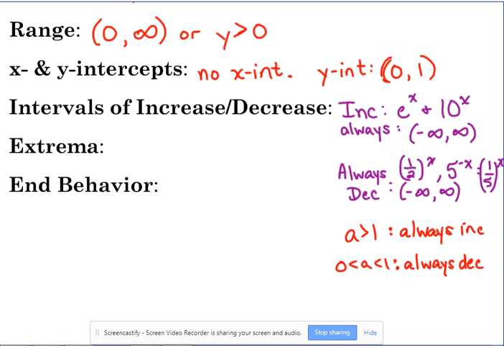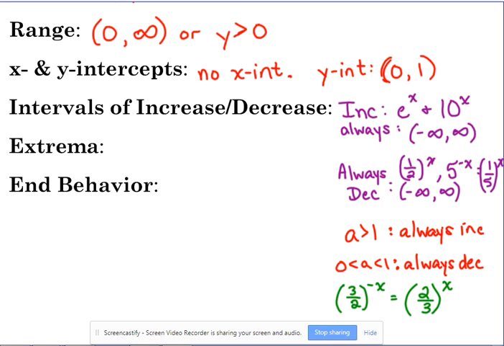So for example, if this were 3 over 2 to the negative x, that would look like a is greater than 1, but it's to the negative x, so you flip that over. 3 over 2, let me write that down. Not everybody's auditory. Okay. If we've got 3 over 2 to the negative x, that is really 2 over 3 to the positive x. So that one is decreasing. Okay, that one would also be a decreasing function.